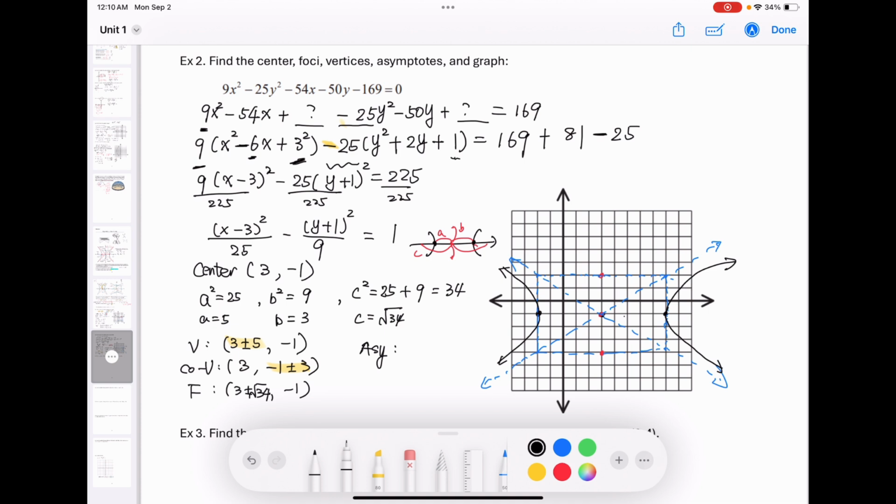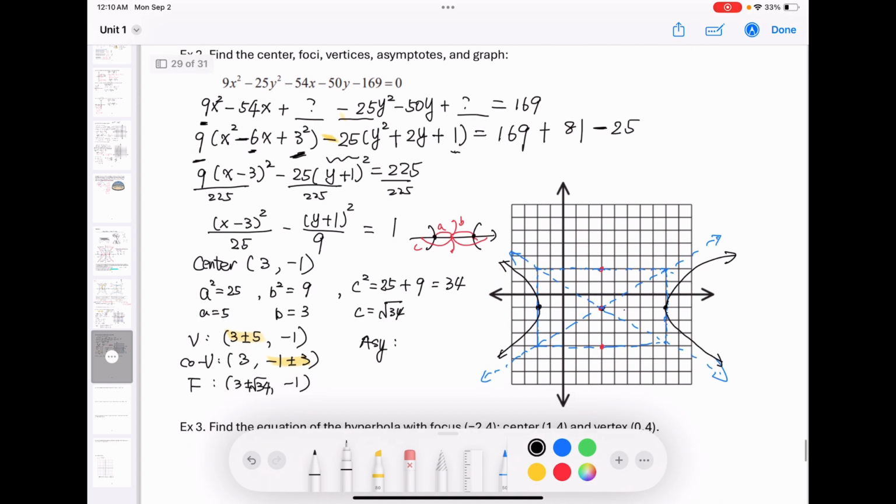So let's list the asymptote equations. We always have the asymptote equation, which is y minus k, and I don't have to find the k. We just copy this and copy this. So y plus 1 is equal to positive or negative b over a multiplied by x minus 3. And then we plug in b and a. You can also find it from the graph by finding the slope.